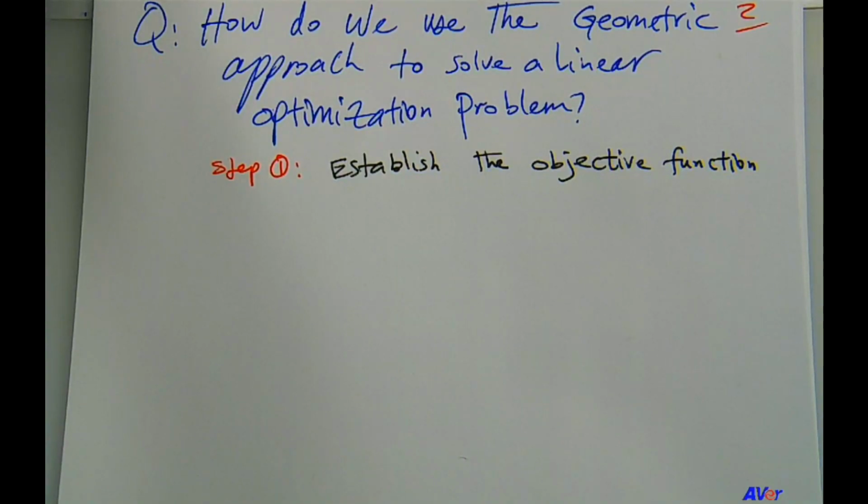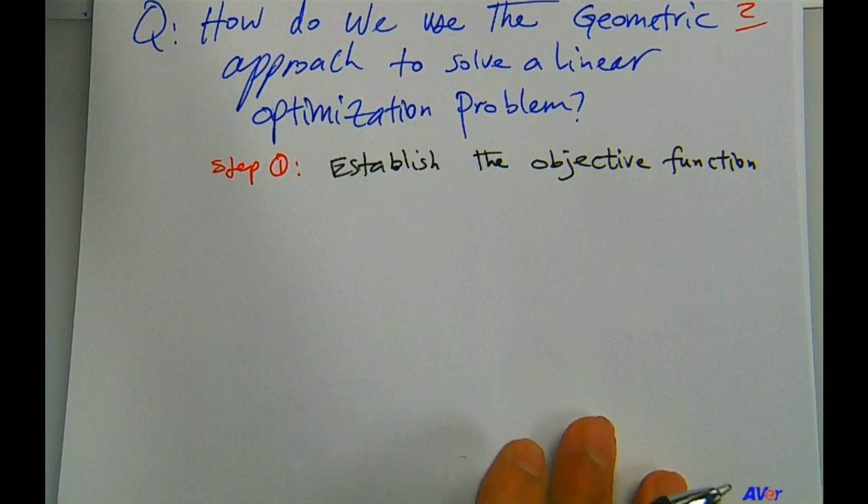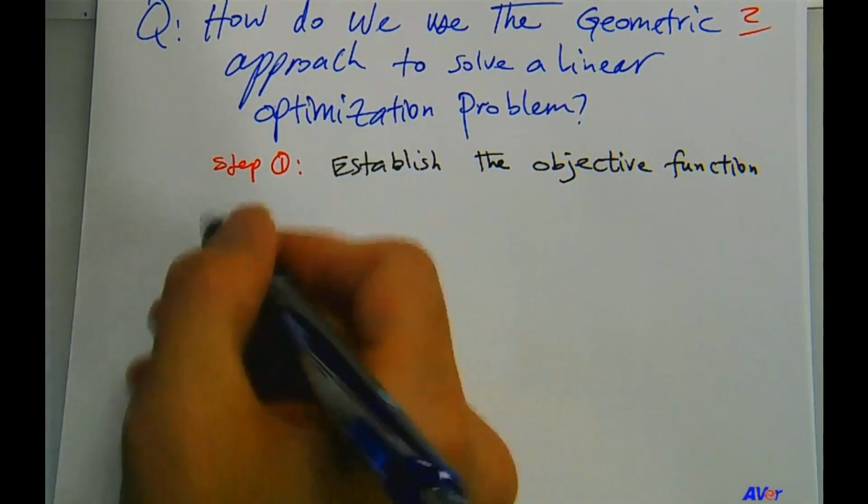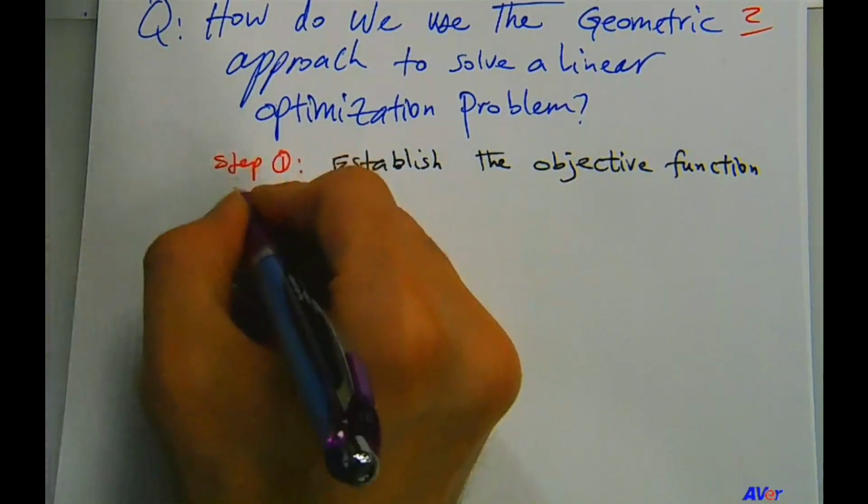They can't be different. The same variables that you use to set up the objective function should be exactly the same variables that go into the constraint inequalities. That's why establishing the objective function solidifies which are the variables you want to use in the constraint inequality or inequalities. Okay, so that's the first step.